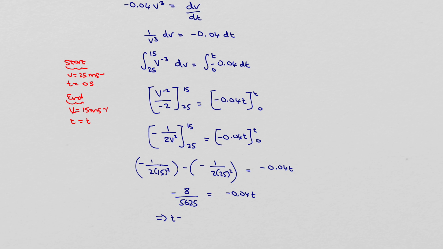So therefore t is going to be equal to 8 over 225 seconds, or you could write that in decimal form, which would be 0.036 seconds either way. Okay, so again, 5 for setting up, 5 for integrating, and 5 for our answer. So 30 marks altogether for your question.